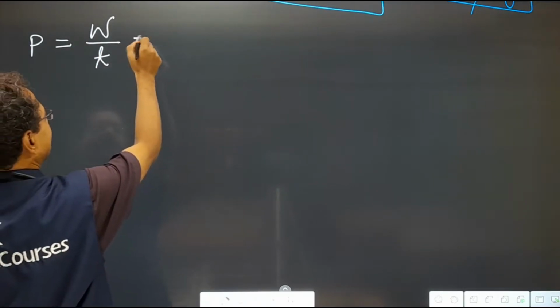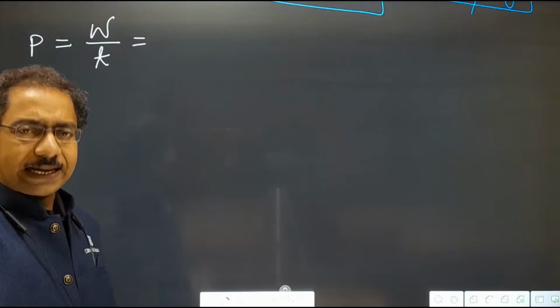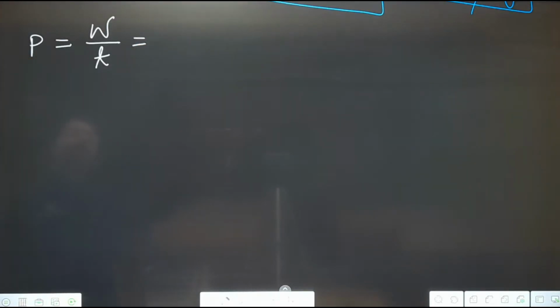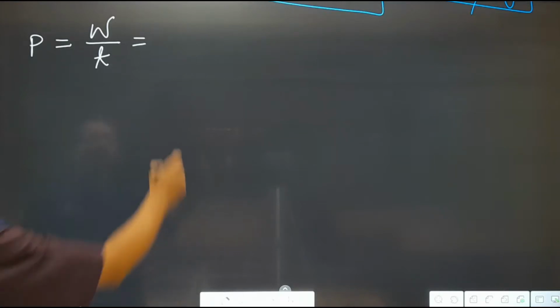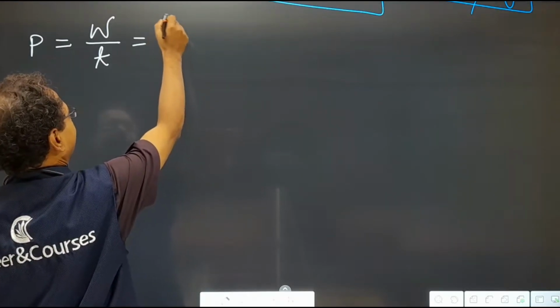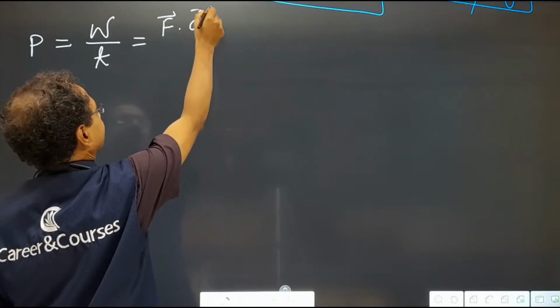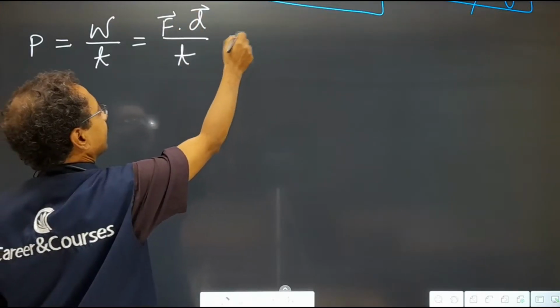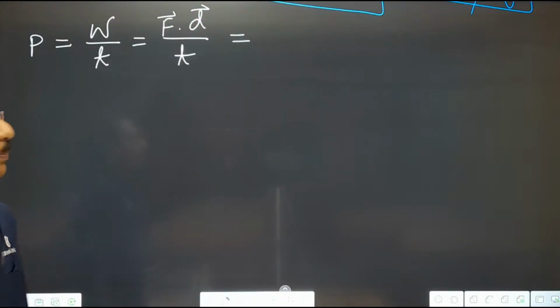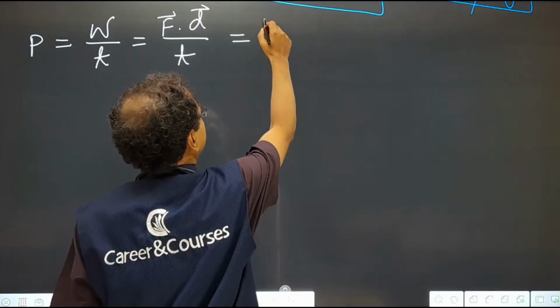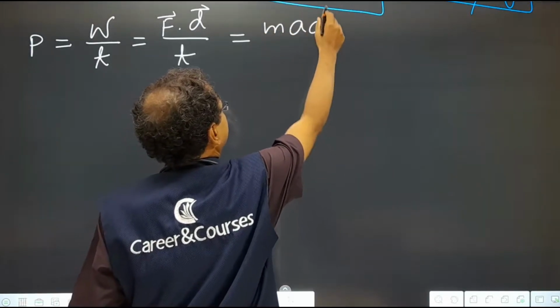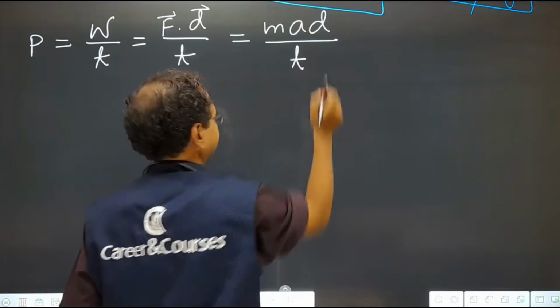Work done is the scalar product, the dot product, between the force and displacement acting over the body. So it should be F dot d divided by time. From Newton's second law of motion, force is mass into acceleration. So it comes mass into acceleration into displacement divided by time.